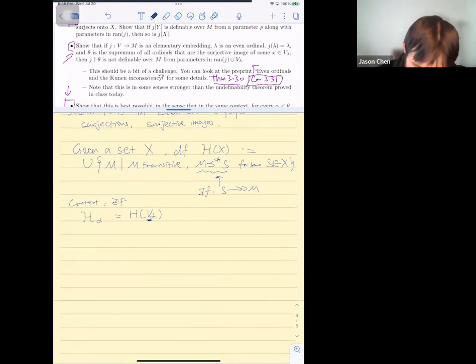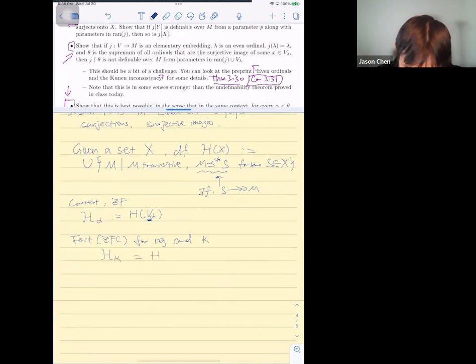Okay, now a fact that you could prove in ZFC is that, for a regular cardinal, I think it gets more general than this, but let me just state the version for a regular cardinal kappa, the H sub kappa that they defined is equal to H kappa in the usual sense.